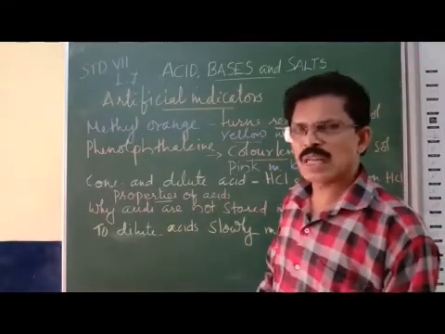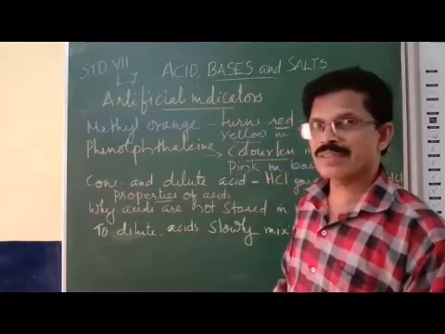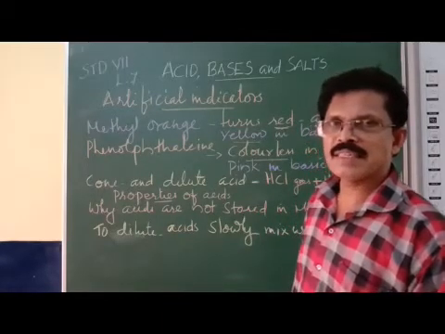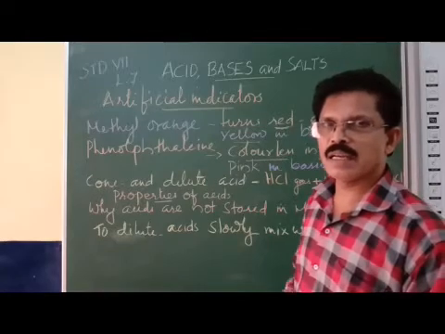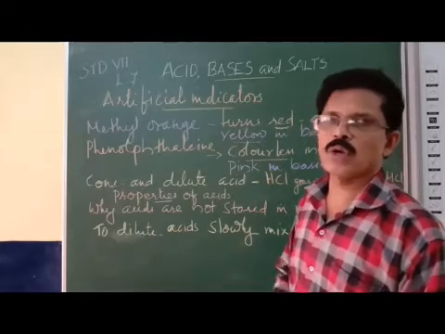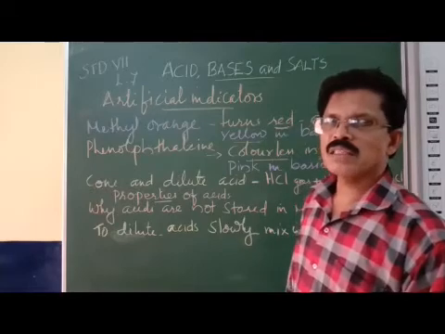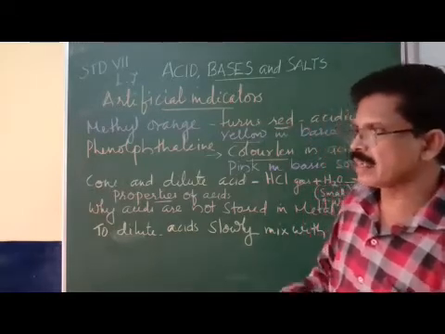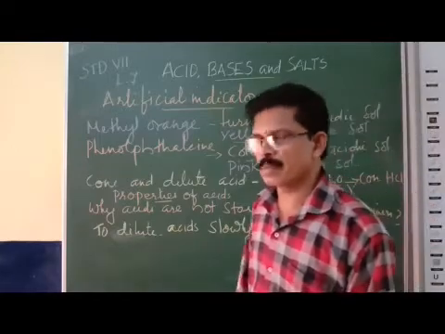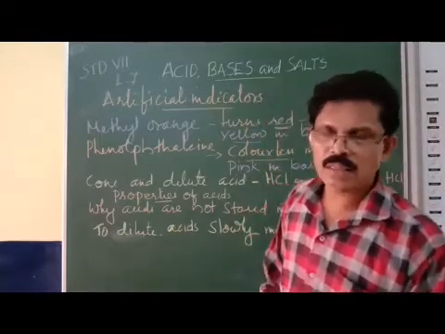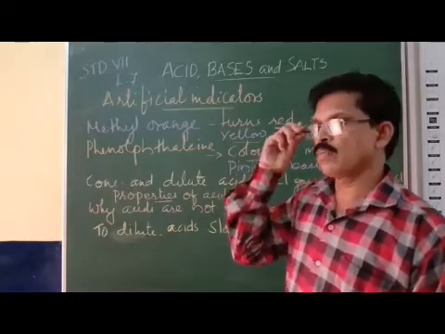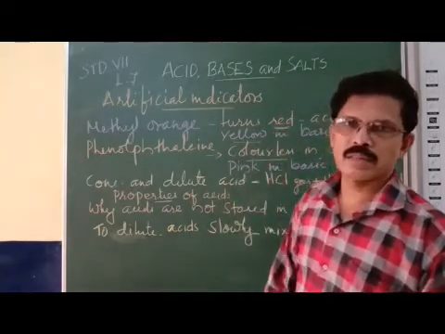Now we are going to study some other features. There are two types of acids: concentrated acids and dilute acids. Concentrated acids contain a small amount of water, whereas dilute acids contain more water.